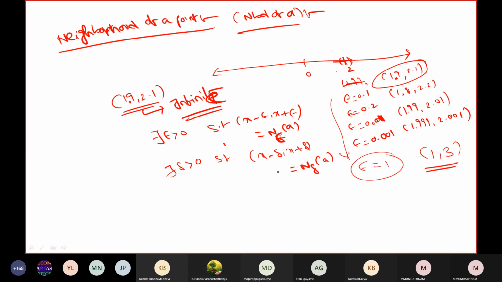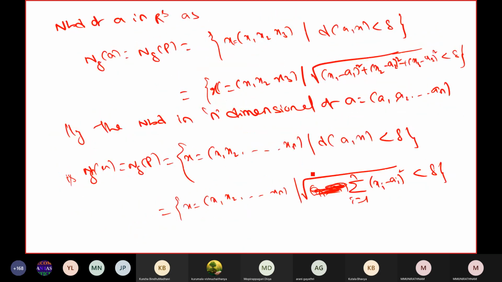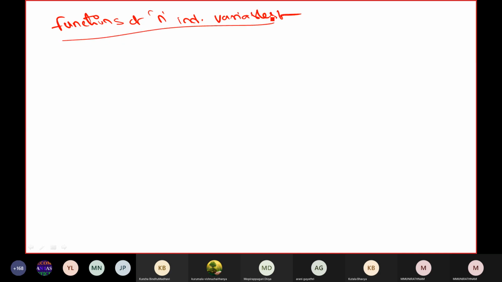Now we go for functions of n independent variables. How will functions happen in the case of functions of n independent variables?